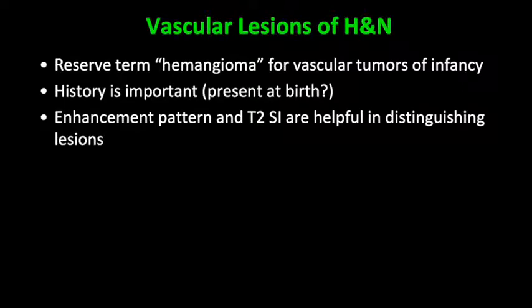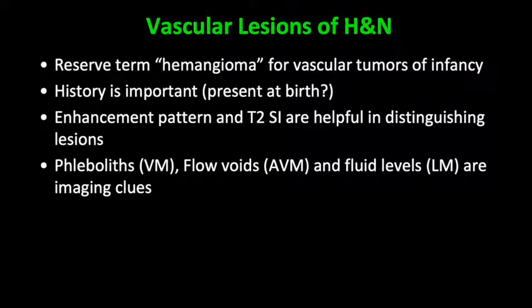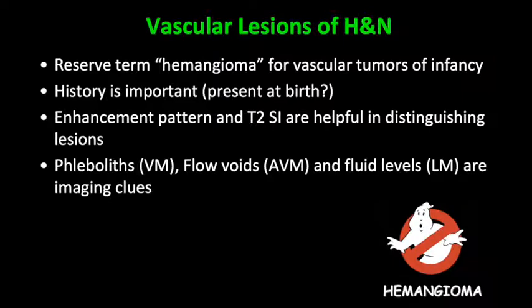We saw that you can use the enhancement pattern and the T2 signal to help distinguish the four most common lesions that we see in the head and neck: the hemangioma, venous and lymphatic malformations, and AVMs. But there are some additional imaging clues, such as phleboliths in VMs, vascular flow voids in AVMs, and hemorrhagic fluid levels in LMs that will help make these diagnoses. So again, be careful with that term hemangioma and keep it for those benign vascular tumors of infancy.